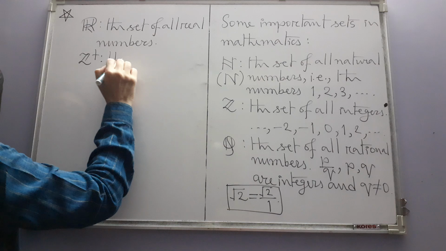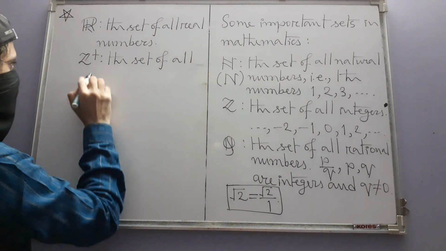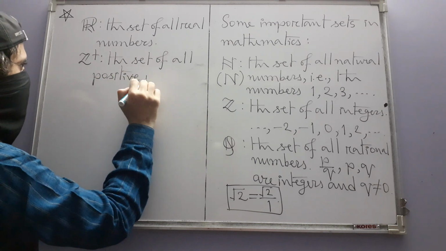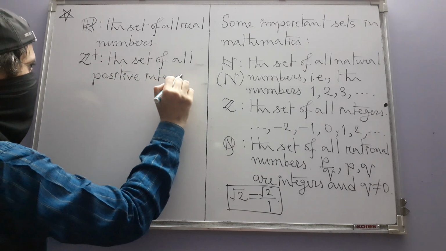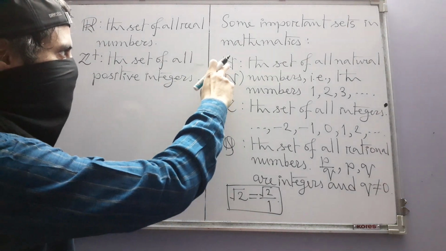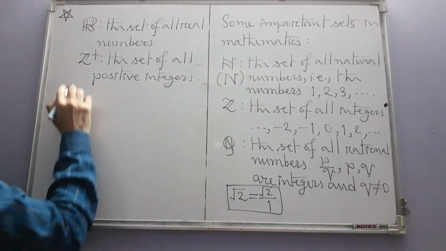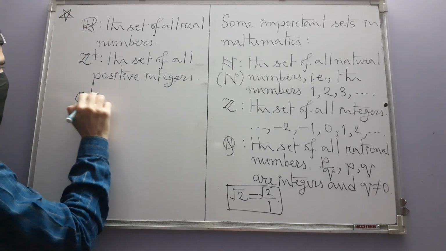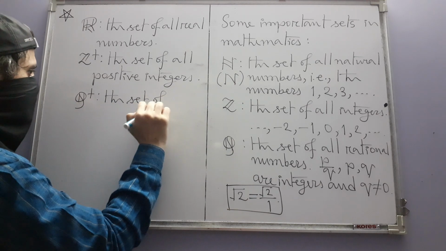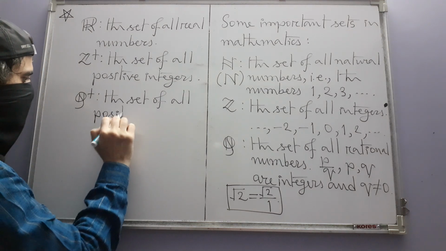The set of all positive integers, which if you see carefully is actually nothing but this set. Okay, Z plus means just N. Q plus, the set of all positive rational numbers.